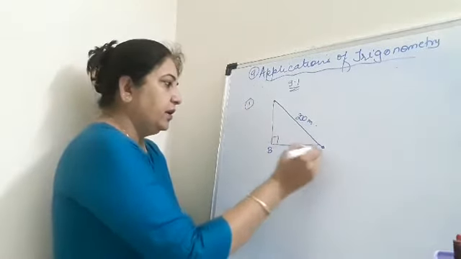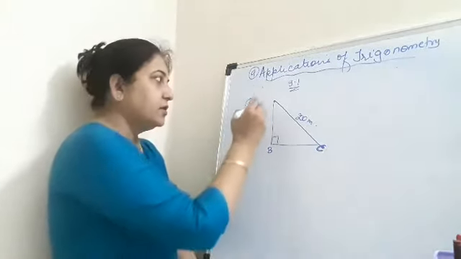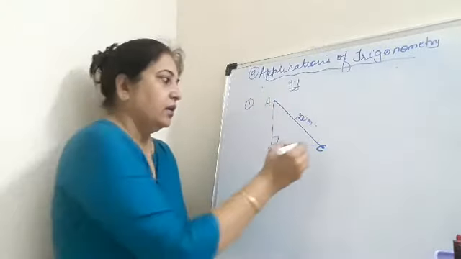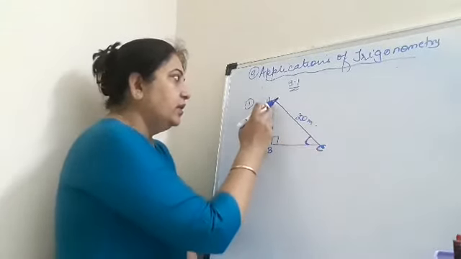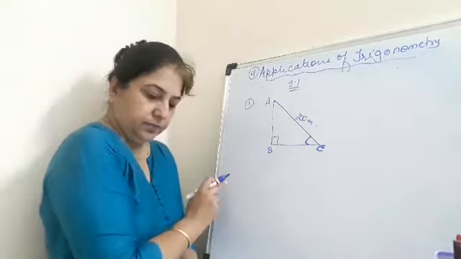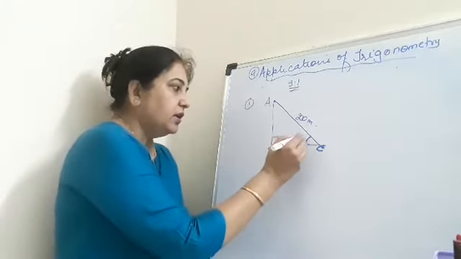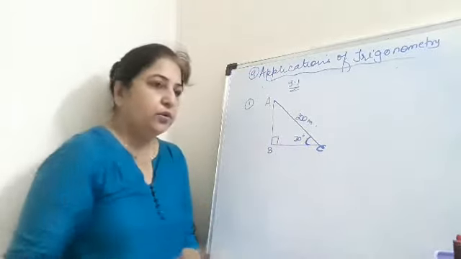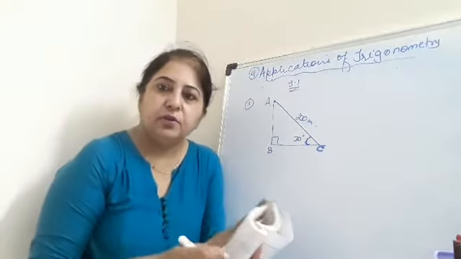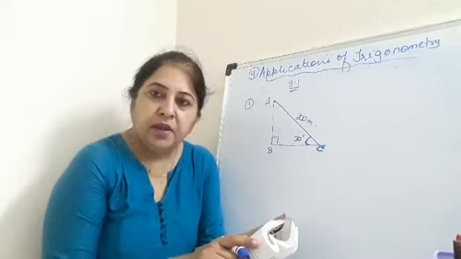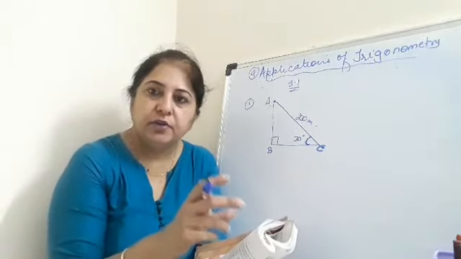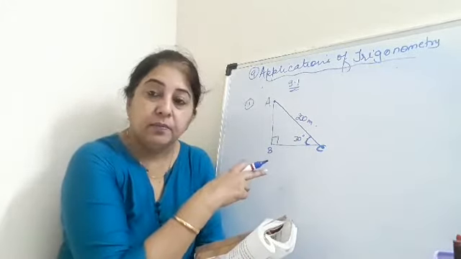This is point B, this is point C, and this is point A. Now the angle which is formed with the rope with the ground level is how much? 30 degree. This angle is given to you. Now as I told you that we have to use the specific angle ratio as well as the normal ratios of the trigonometry, they will be used here.